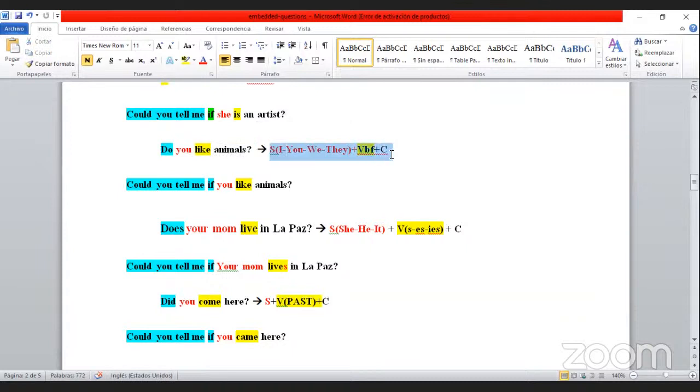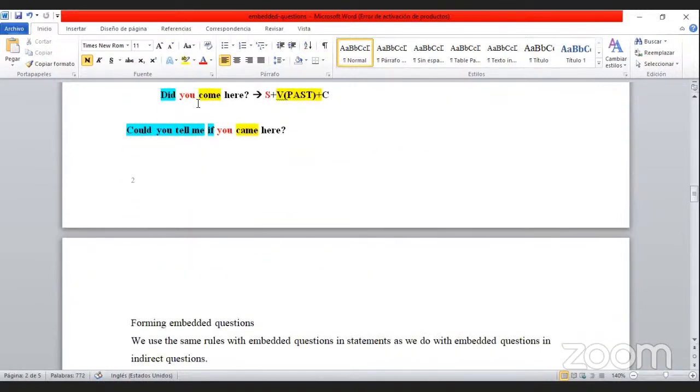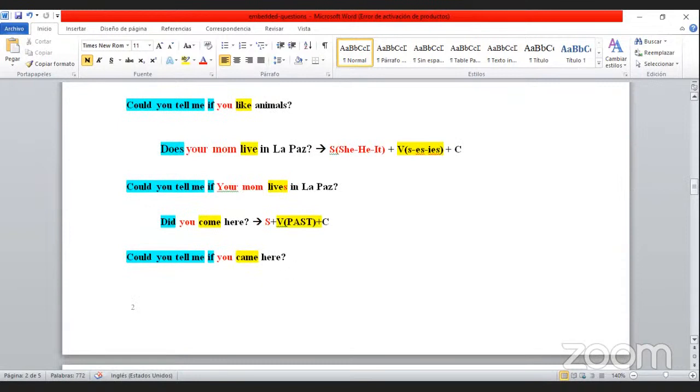So into affirmative: could you tell me if you like animals? With third person, does your mom live in La Paz? Could you tell me if your mom lives, in this case with S, in La Paz? We did. Did you come here? Could you tell me if you came here? The verb in past, right? So, about just the questions, is it understandable?